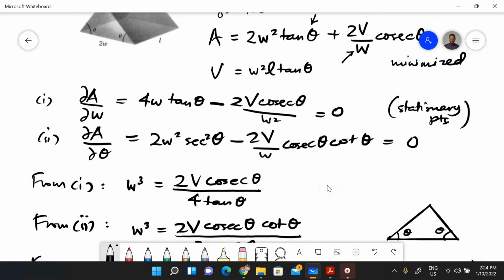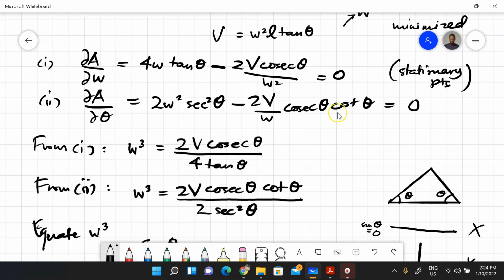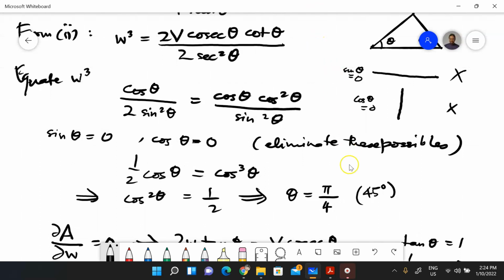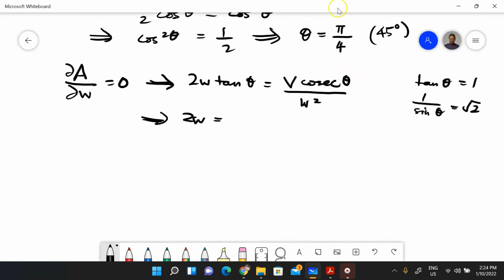V is W squared L tangent theta, but tangent theta is 1. So you have W squared L over W squared, and then your cosecant theta is square root 2.